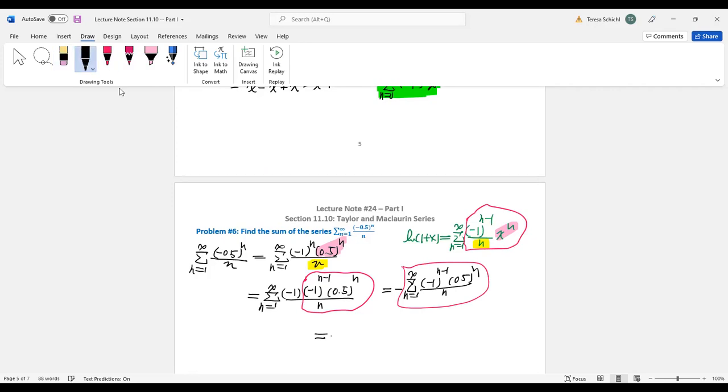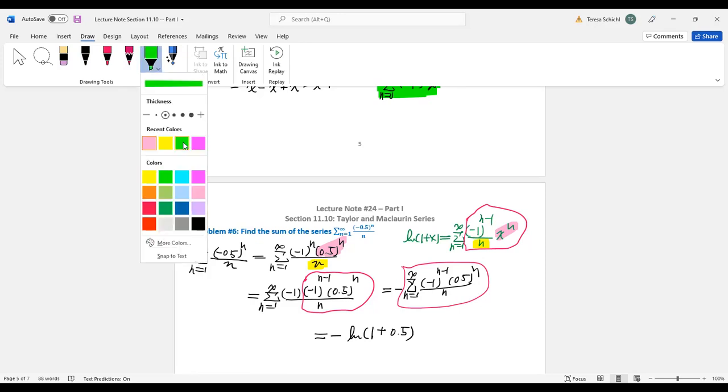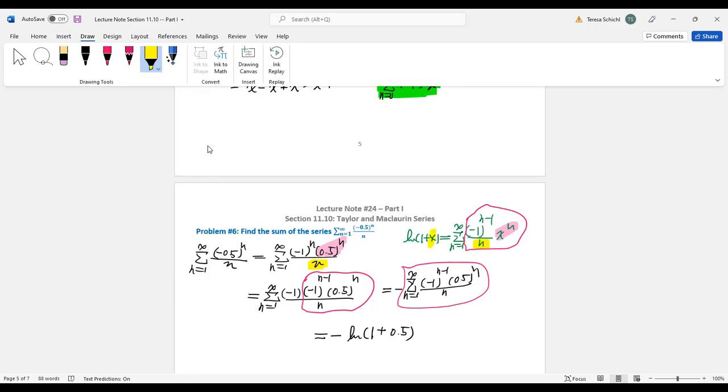So what is my answer here? It is a negative natural log. What is my x here? It's 1 plus x here, and x is 0.5, correct? So the x here is 0.5.